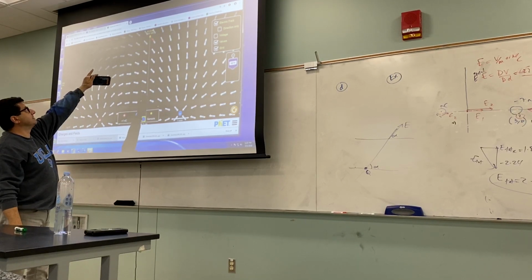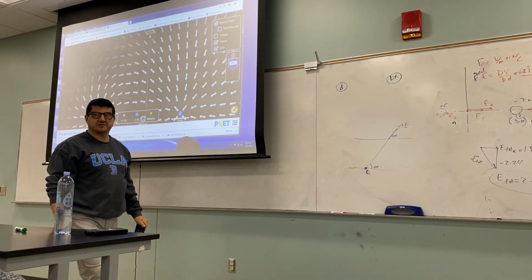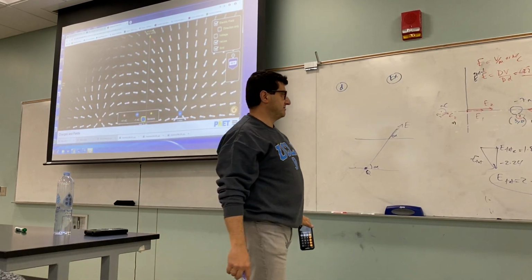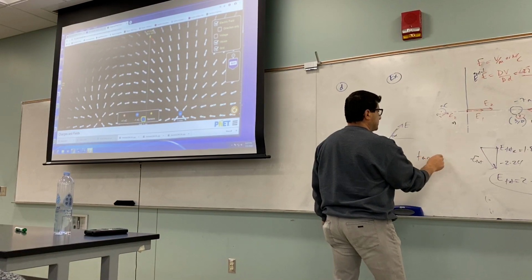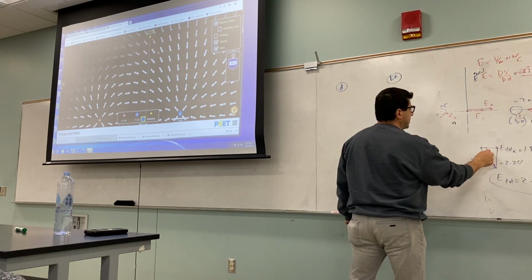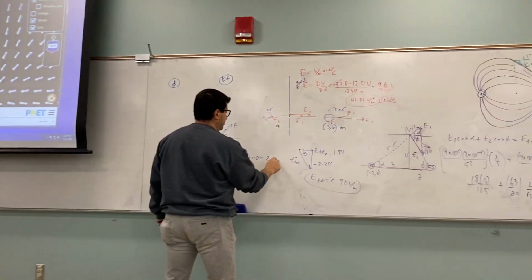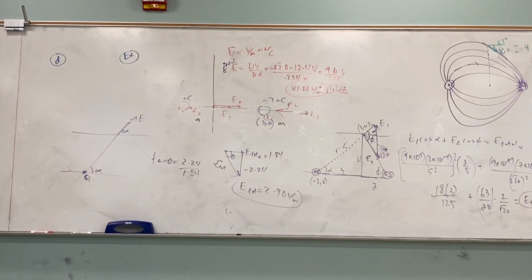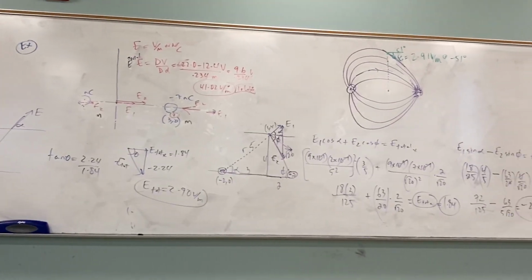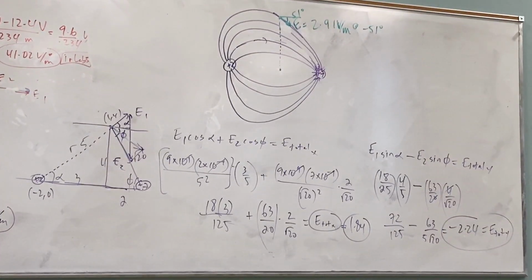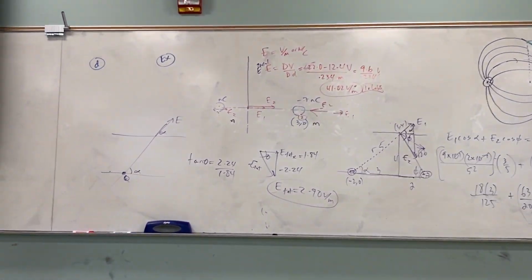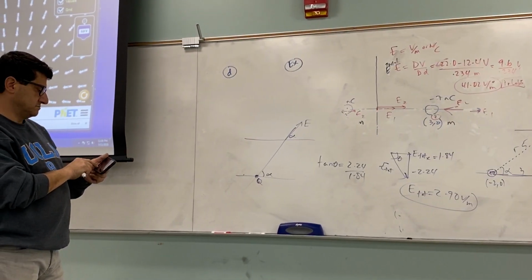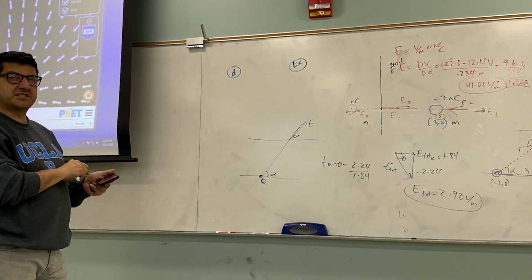Okay, how about the angle? 51 degrees is what it's telling us. How do we test that? Tan inverse. Tangent of this angle, call it theta, is 2.24 over 1.84. So take the inverse tangent of that: 50.6 degrees.